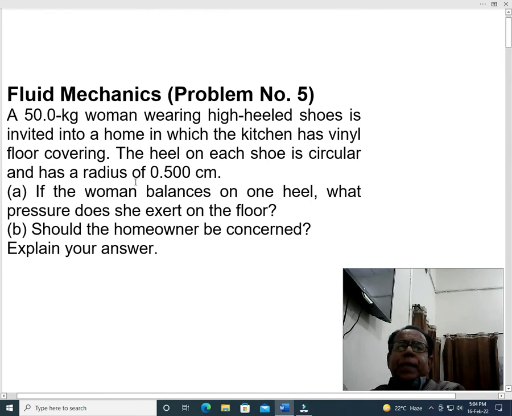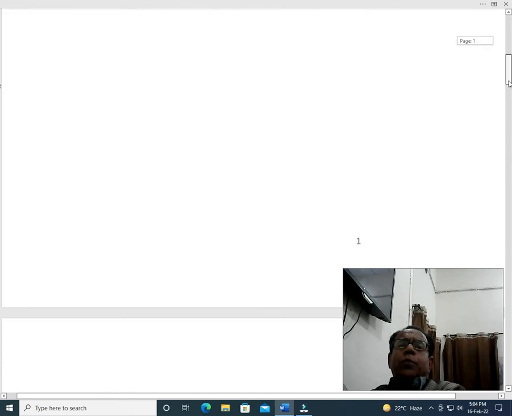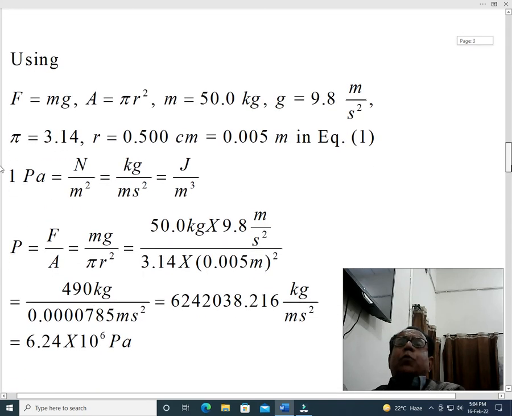Here the shape is circular, so we will apply the formula for the area of a circle: A equal to pi r squared, where r is radius.